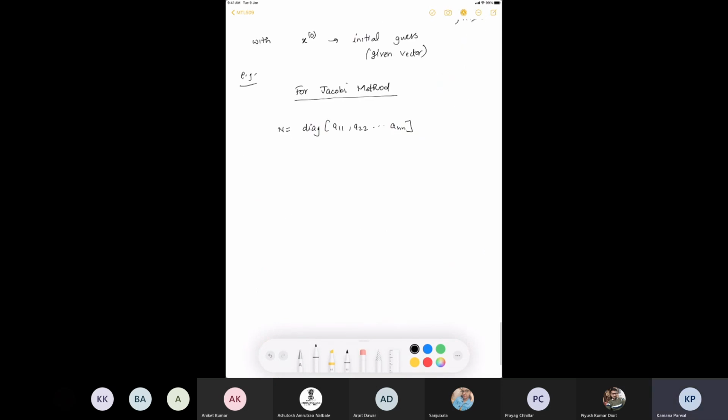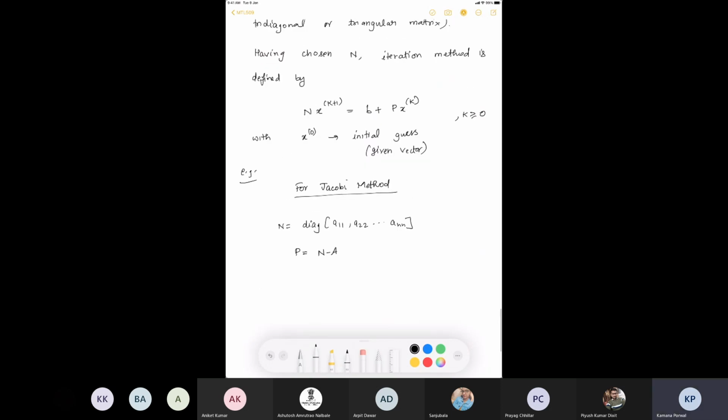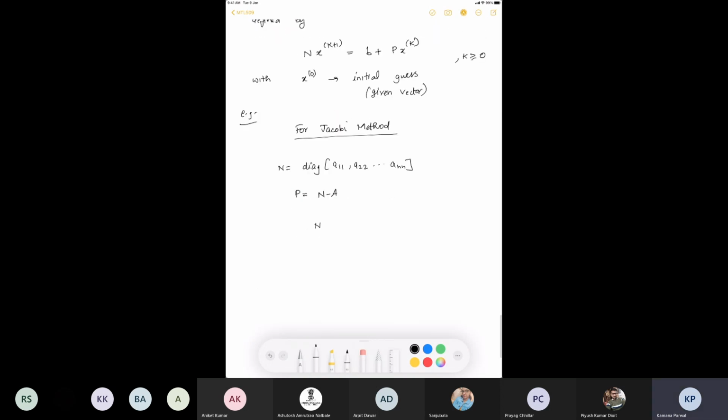So once you have found N, then P is simply going to be N minus A, and then we can design the method by this equation. So the iterative method is given by N x_{k+1} is b plus P times x_k.